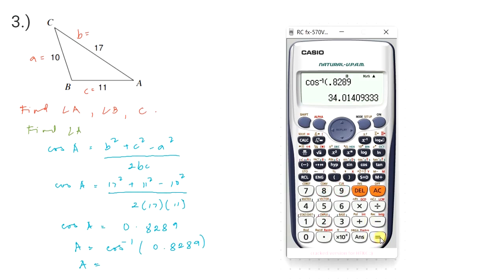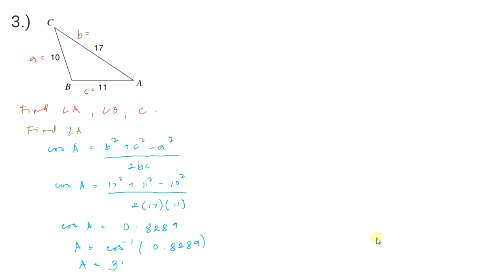Since, according to the instruction, the angle should be to the nearest degree, that is 34 degrees. I won't use 4 decimal places here because I won't use it for computing other parts of the triangle. It stands alone, so my final answer is 34 degrees.